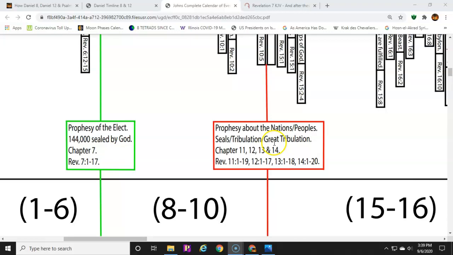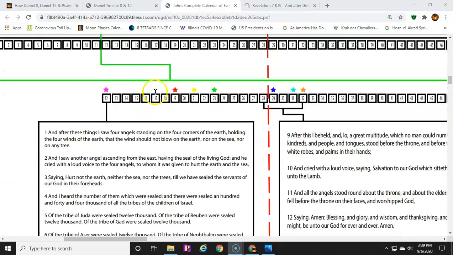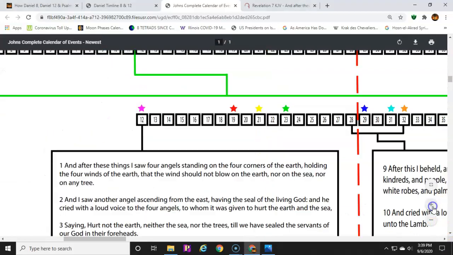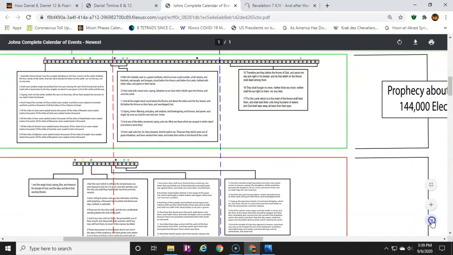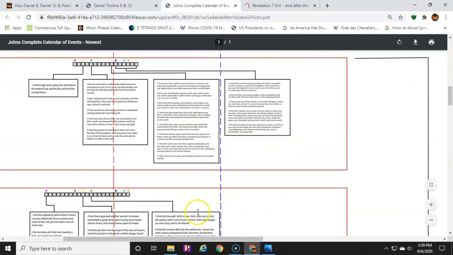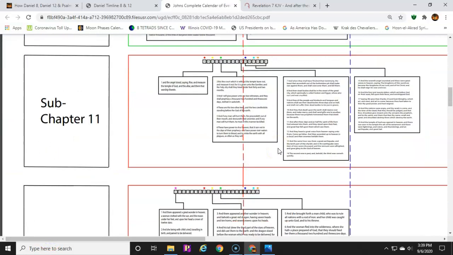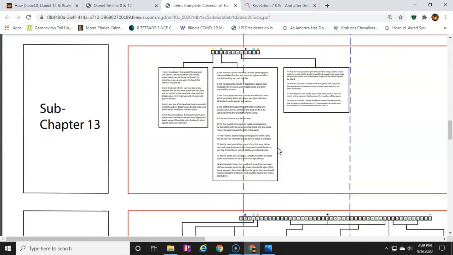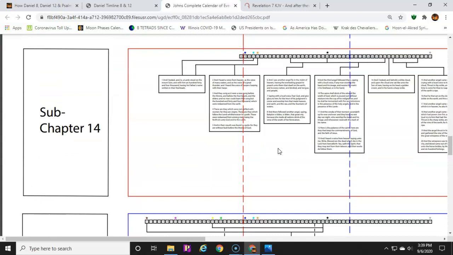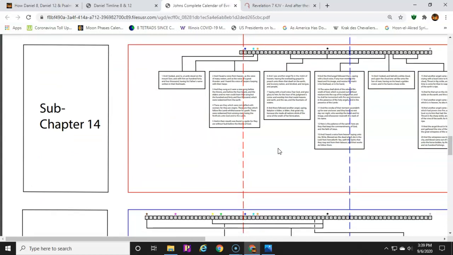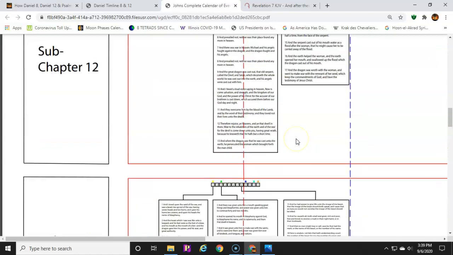And the reason he does that is he wants to break out these other 4 chapters, so you can see the prophecy of the nations, the peoples, and what is going on the ground through chapter 11, chapter 12, chapter 13, and chapter 14, and it breaks it down. It zooms in, it gives you vision. You get to see what's going on the ground through all this layering effect.